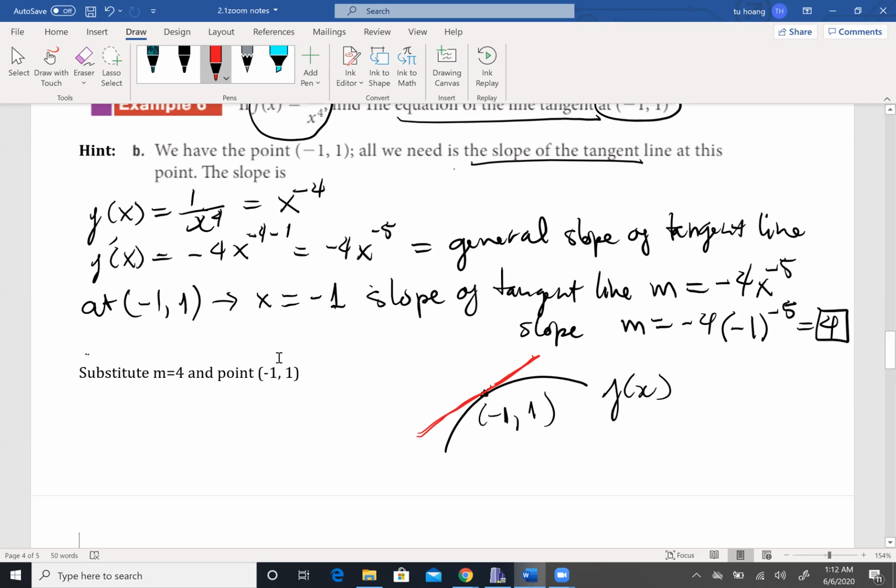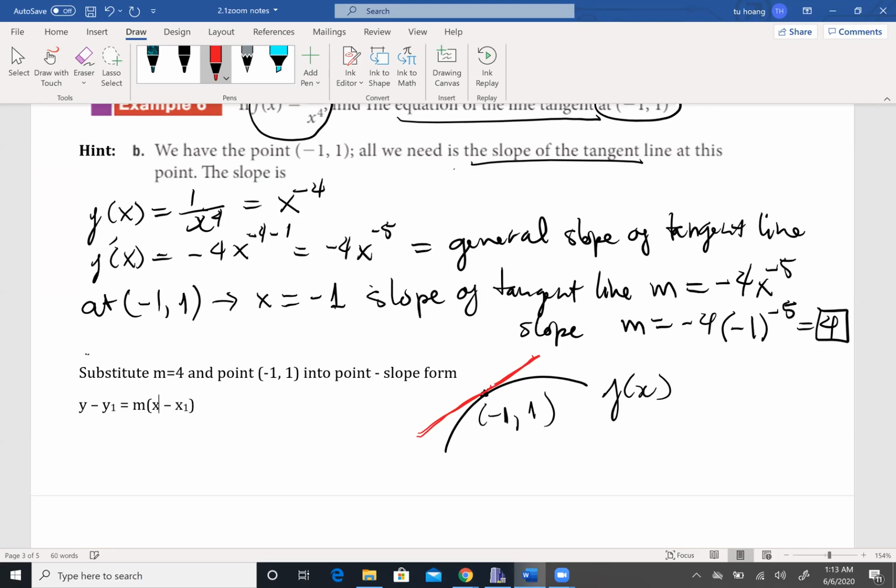So now I'm going to use the point-slope form. If you still remember point-slope form, y minus y1 equal to m times x minus x1.